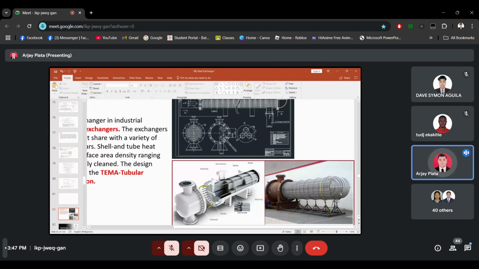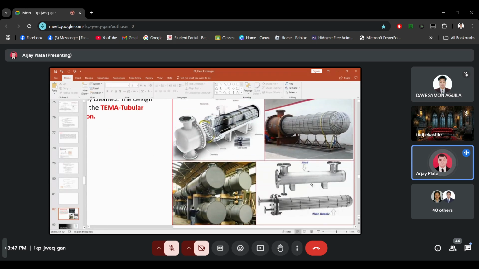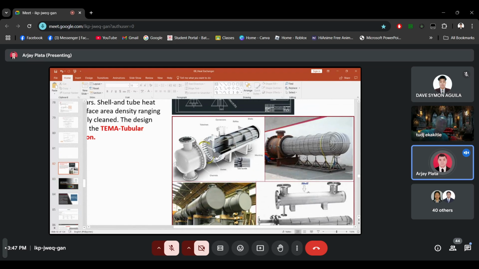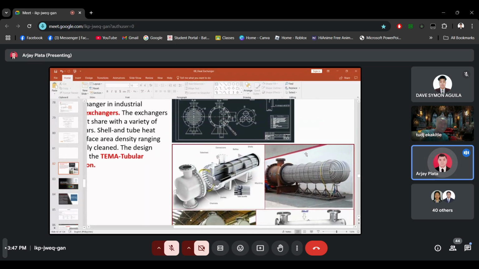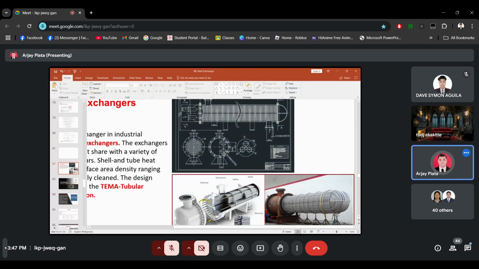There's a U-bend here. I think they are all U-tubes, but just one type. Another type is a fixed tube. I think this one is a fixed tube type, so the tubes are not bent like this, unlike this.